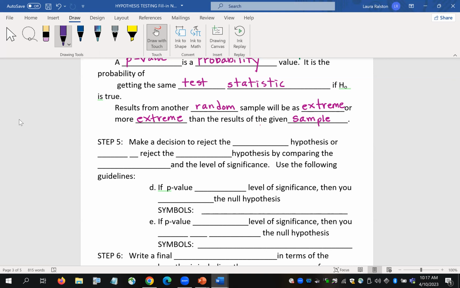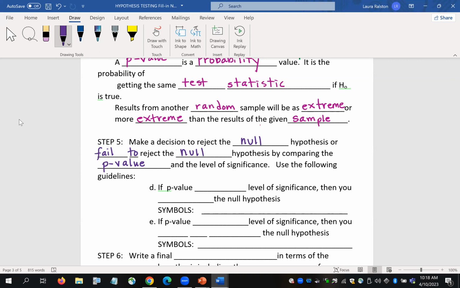There are two decisions. These are the only two options you have. You either are going to reject the null hypothesis, or you're going to fail to reject the null hypothesis. And we make that decision by comparing the p-value to the level of significance.